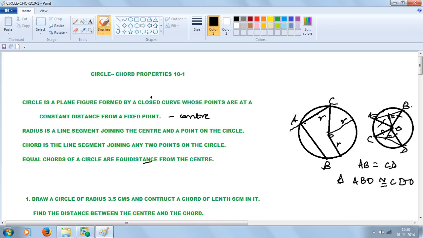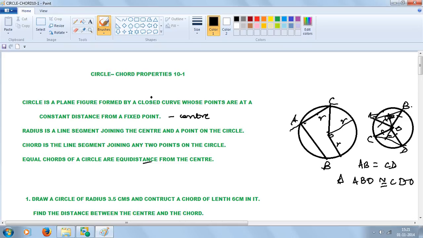If we draw a perpendicular line to both these triangles, what about these two triangles? It is perpendicular, one side is common, the other side is radius.